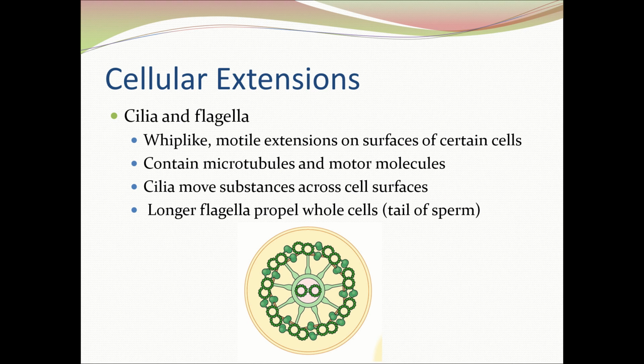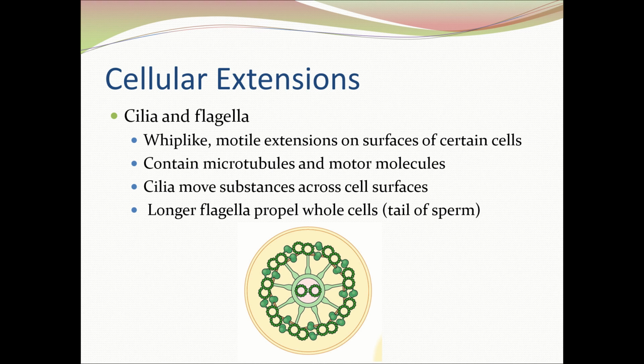Another thing that microtubules will do is they will form cellular extensions. So remember, microtubules are the largest of the cytoskeletal elements, and we saw the picture of a transport protein walking a vesicle along it. And so these large cytoskeletal elements are actually hollow, and they are able to move and whip around, so they can form the cilia and the flagella.